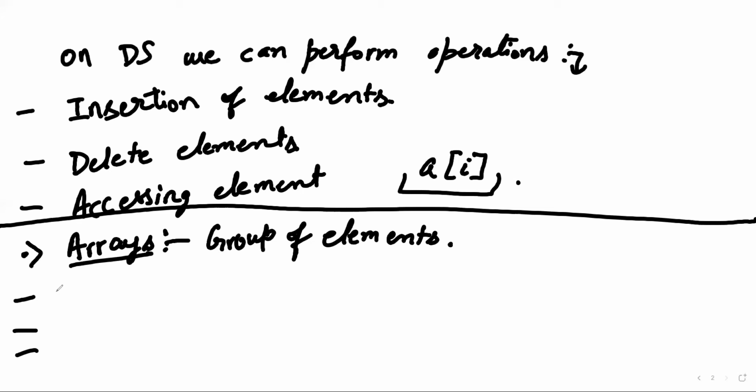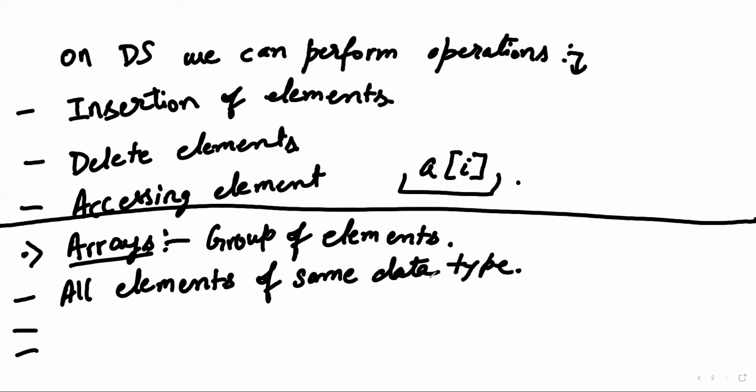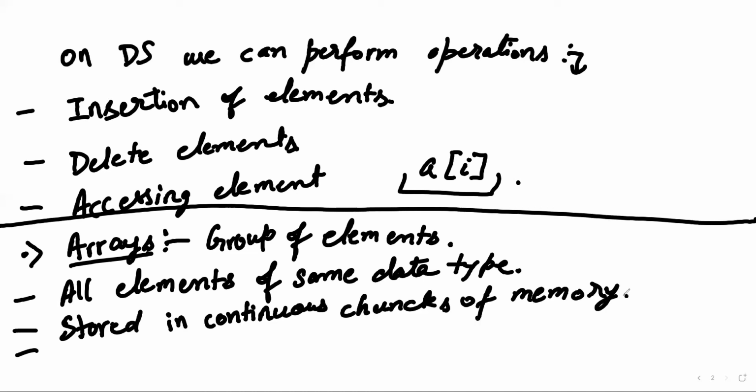First, all the elements in an array are of the same data type. Another thing is that the elements are stored in a continuous chunk of memory. Another thing would be fixed size.